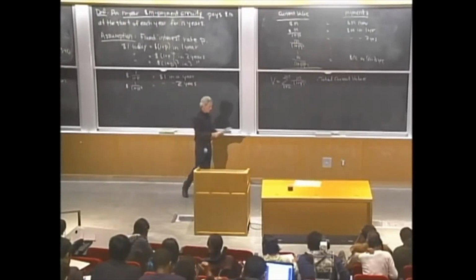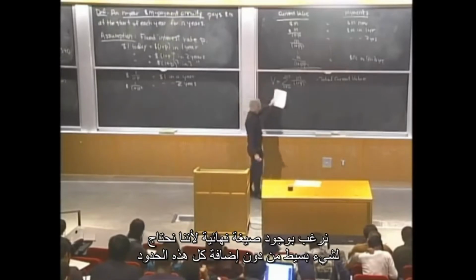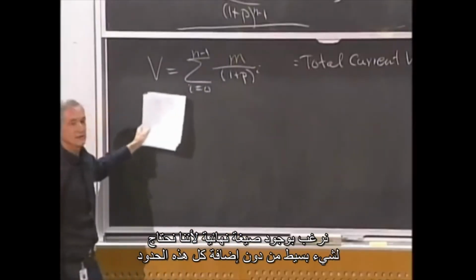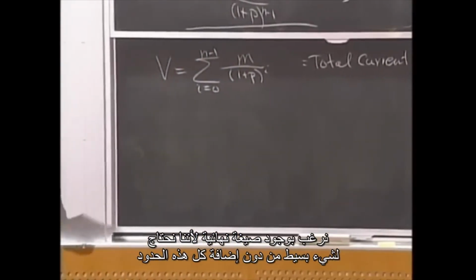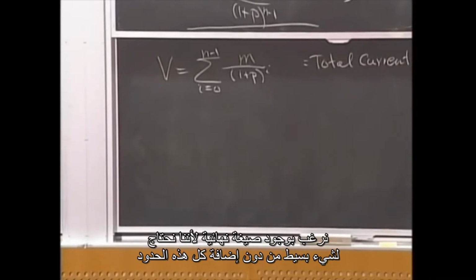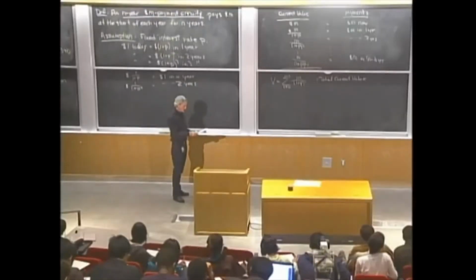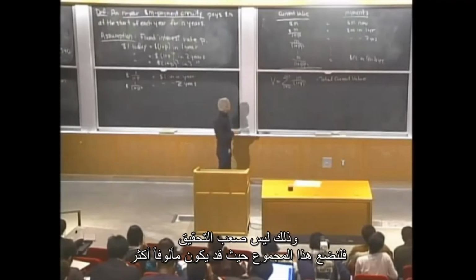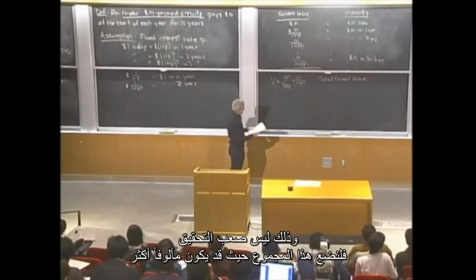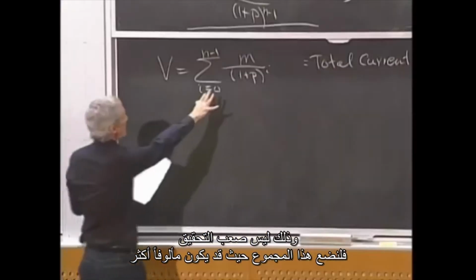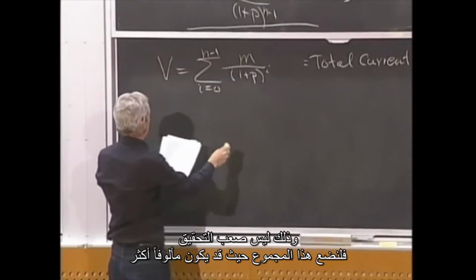All right? Well, of course, what we'd like is a closed form expression here. Something that's simple so we could actually get a feel without having to add up all those terms. And that's not hard to get. In fact, let's put this sum in a form that might be more familiar.